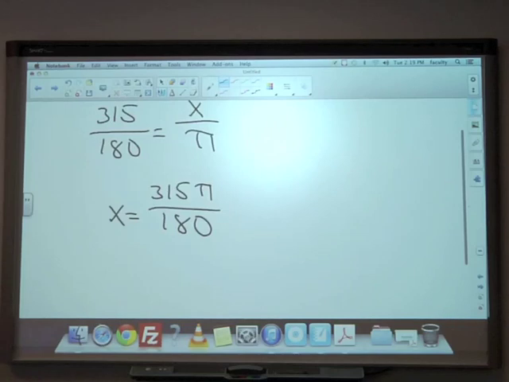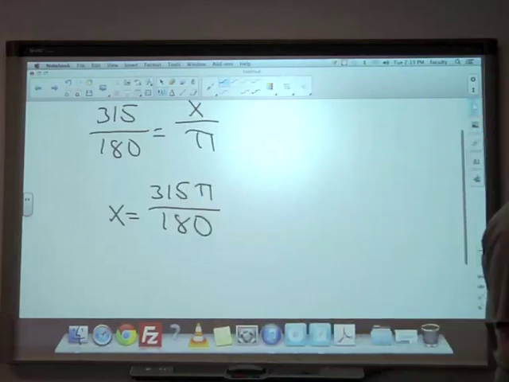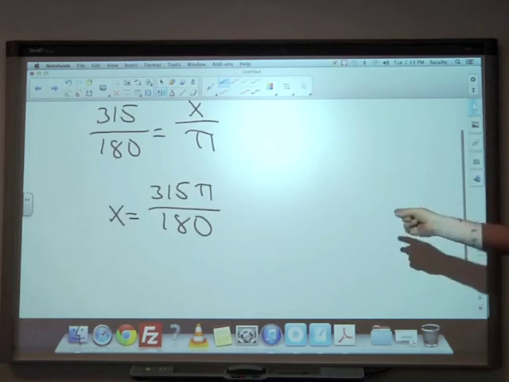Yeah, I didn't get that. All right. So again, you've got to reduce this number part. I need a number that goes into 315 and 180. We could go bigger than 3. 5, all right. You can tell right away by looking at those numbers that 5 will go into both.